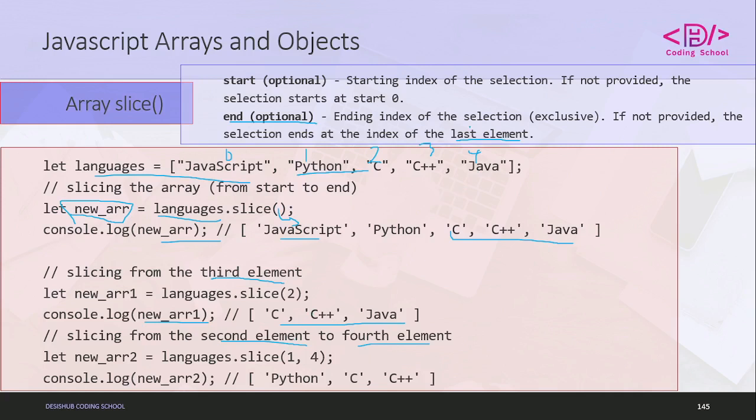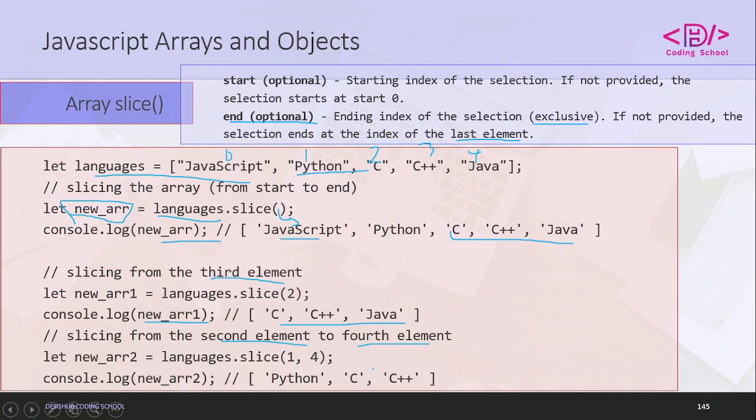And remember, the end index of the selection is exclusive. So it will select 1, which is Python, 2, 3, and 4 is exclusive. So it will just take in Python, C, C++, and that's what it has done.